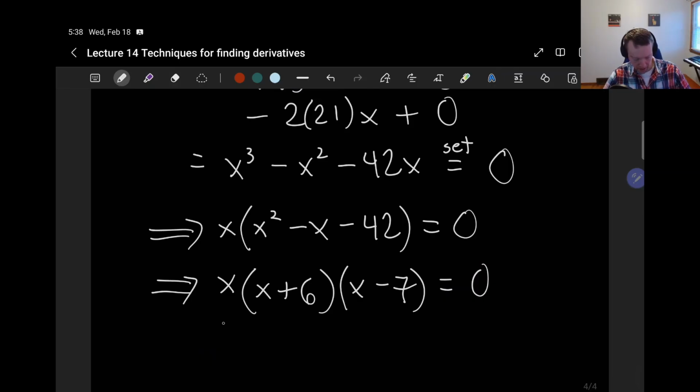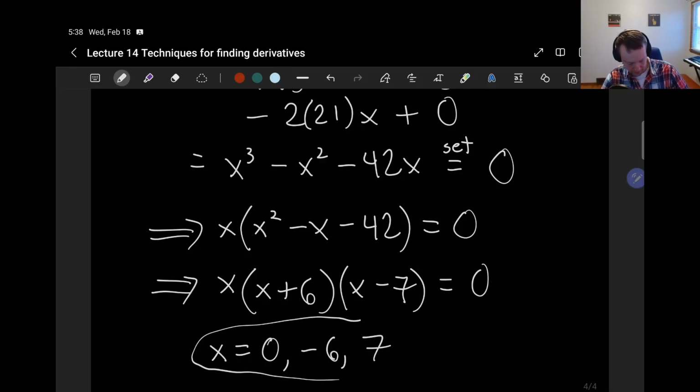Since we have this product of things equal to 0, that means that the pieces themselves must be 0. Those are the only solutions. So either x is 0, or -6, or 7. It's at these points where we have horizontal tangent lines because the derivative is 0 at these points.